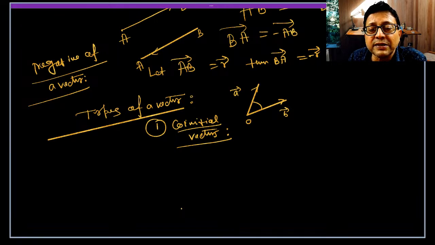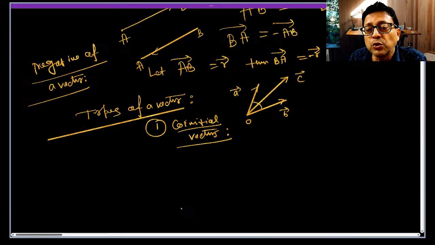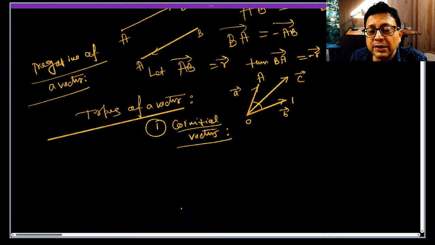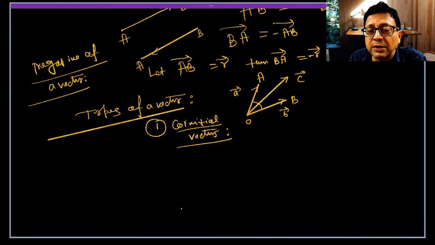You can take another vector also. That vector be OC. OA we have taken as A vector, OB we have taken as B vector, OC is another vector.